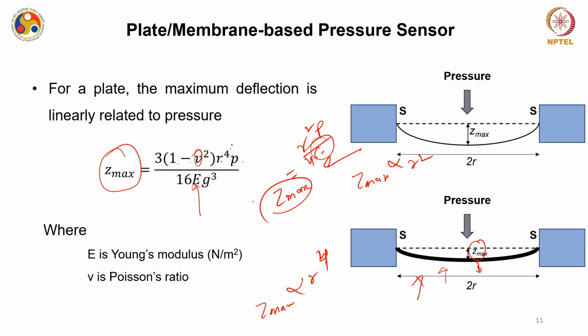And their applications are also quite different. There are applications where diaphragm or membrane based devices are more useful, while there are some applications where thin plate based pressure sensors are more useful.